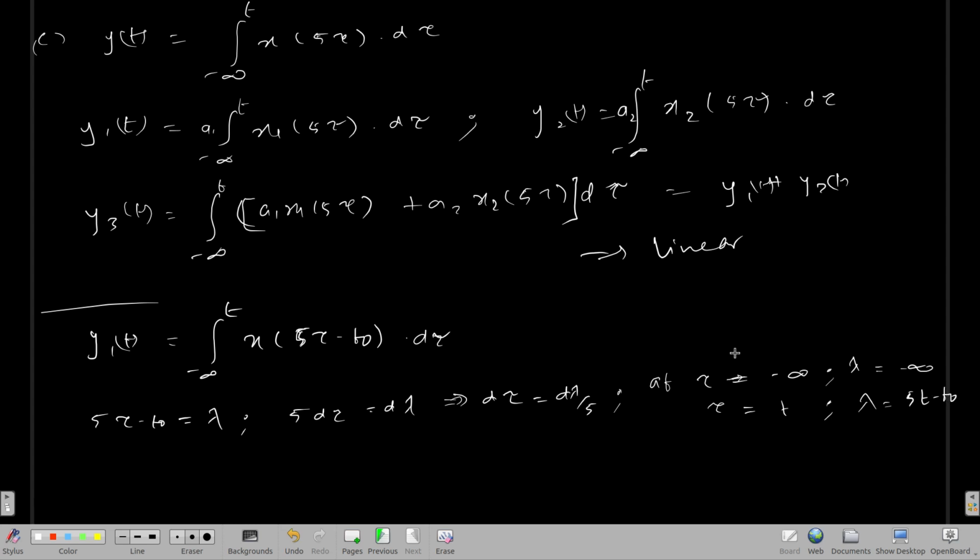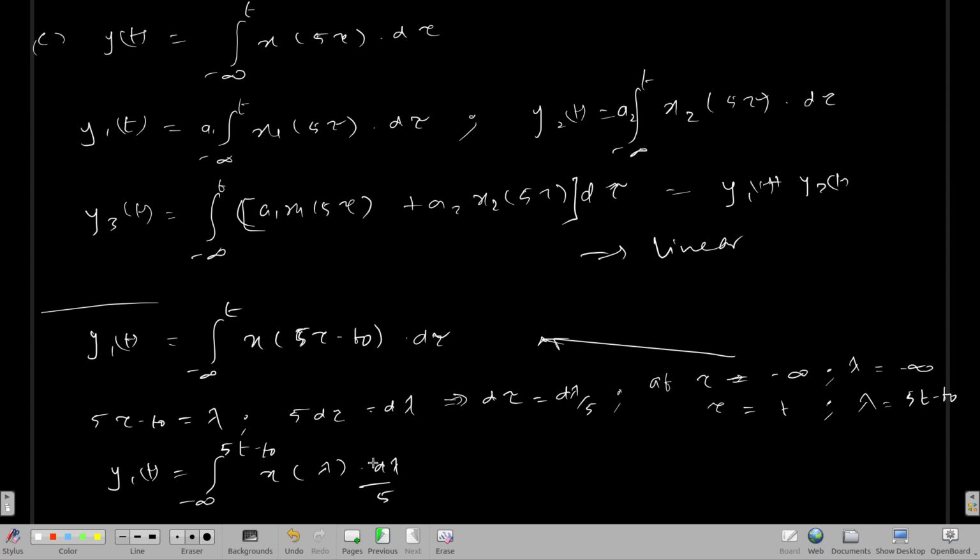So if we replace this in the original equation, what will it be? y1 of t is equal to the integral from minus infinity to phi t minus t0 of x of lambda d lambda by phi.